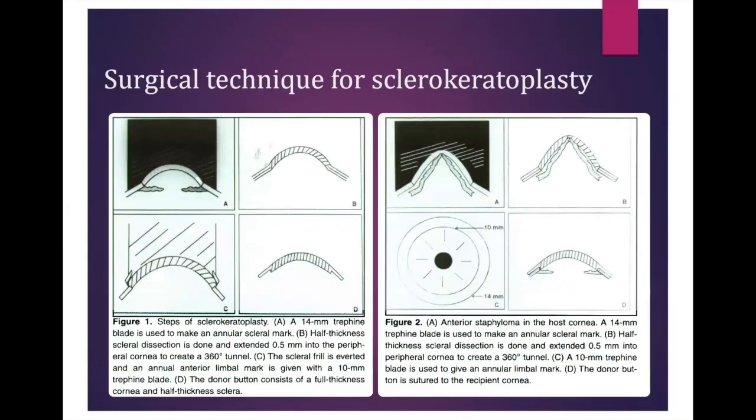So I wanted to go over sclerokeratoplasty here. The picture on the left is the preparation for the donor graft. You can see it's full thickness cornea with partial thickness sclera. And the picture on the right is how you would perform the dissection. First, you do a 360 conjunctival peritomy to expose the underlying sclera. Then you mark about a 14 millimeter annular mark.